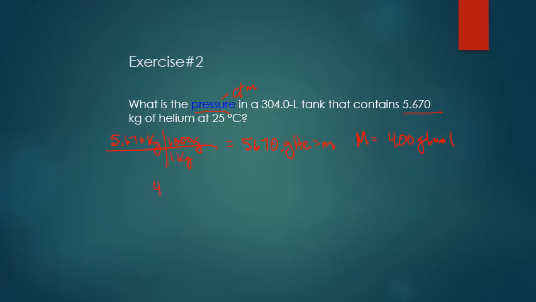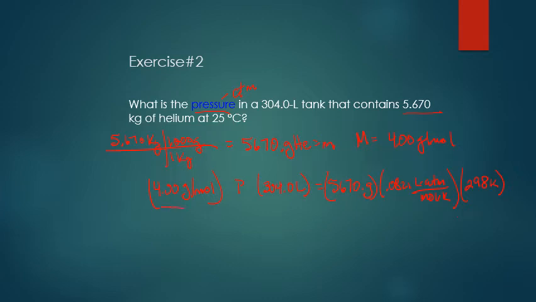So my molar mass, 4.00 grams per mole, my pressure is what we're solving for, and then we have a volume, 304.0 liters, and that is equal to the mass, 5,670 grams, the R value, 0.0821 liter atmospheres per mole Kelvin, and then the temperature, 25 plus 273, that will be 298 Kelvin.